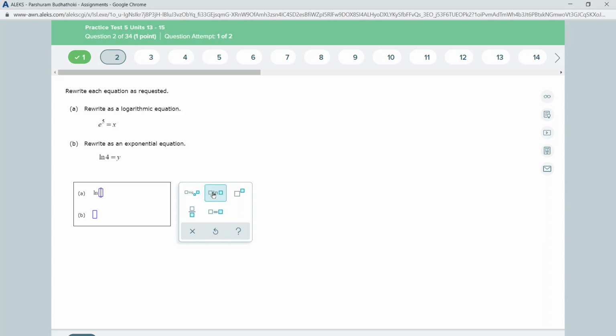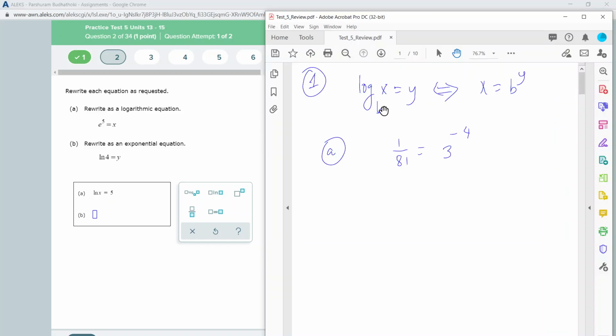So ln x, which is log base e of x, equal 5. As you can see, the base is e, y is 5, and x is x itself. So log base e of x equal y.